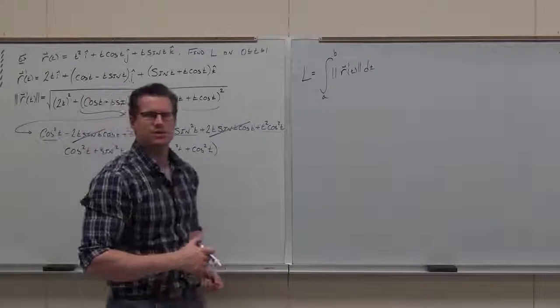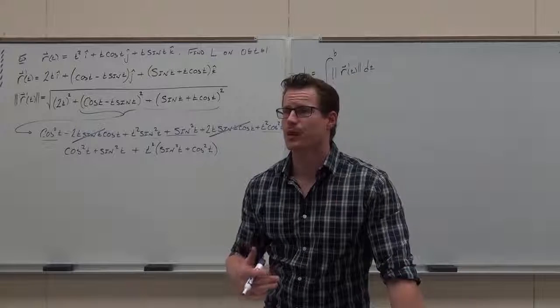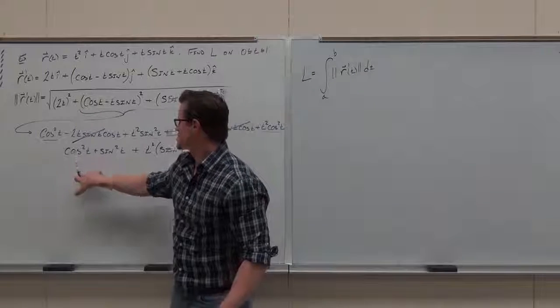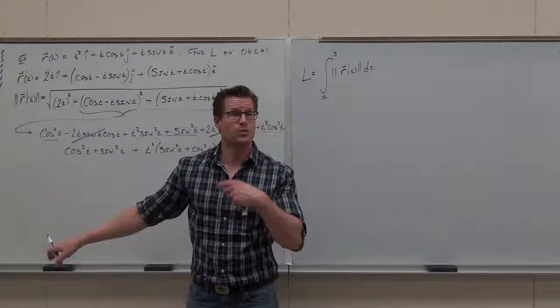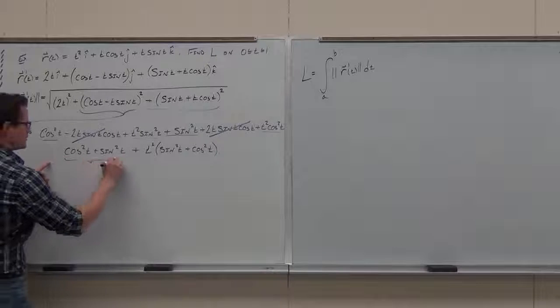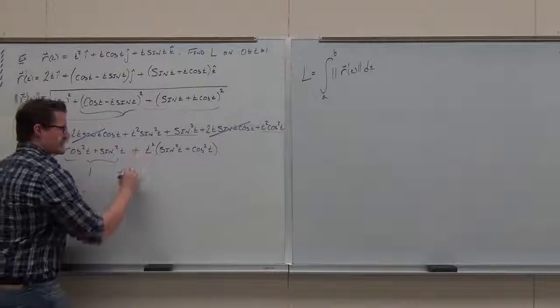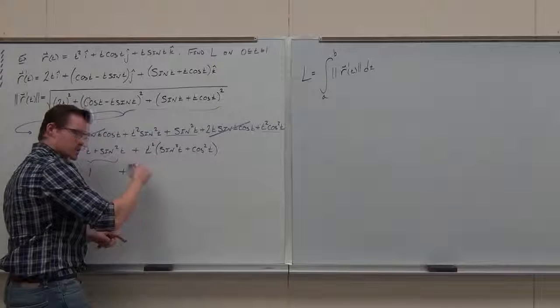Here's what happens when we start simplifying too much and going too fast. We start losing numbers. How much is this right here? It's 1, but that 1 matters because we're adding it. That 1's going to be there. Plus t squared. How much is all this stuff? 1, times 1. So this t squared is also there.